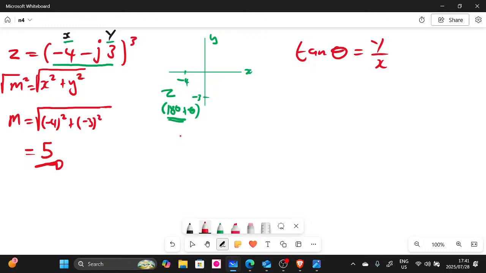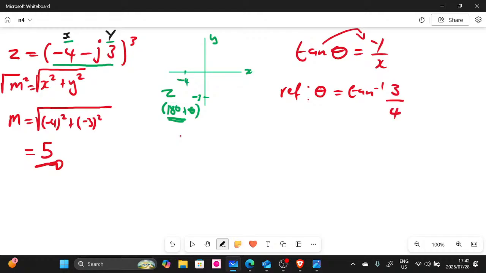Now, since we are calculating the reference angle, we're not going to include the negative signs. So what are we going to do here? Obviously, we're going to say arctan, guys. Arctan is when you take tan to the other side, and arctan is not tan to the power of -1. Please don't do that. Then we have y over x. Y is going to be 3, divided by x, which is 4. Remember, we are looking for the reference angle, so we don't include the negative signs.